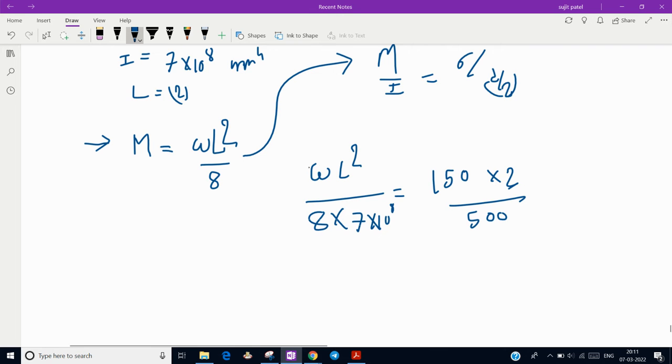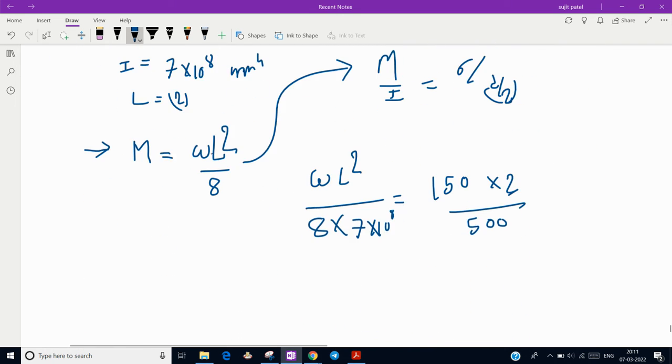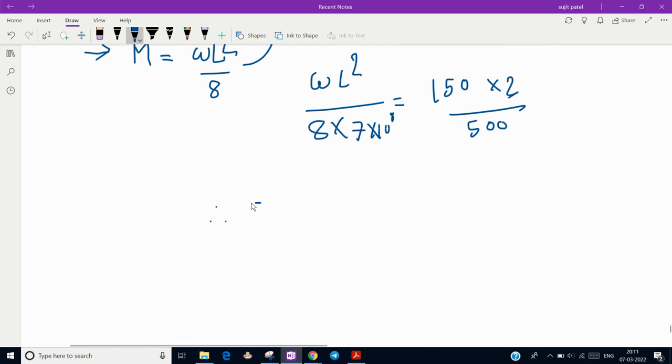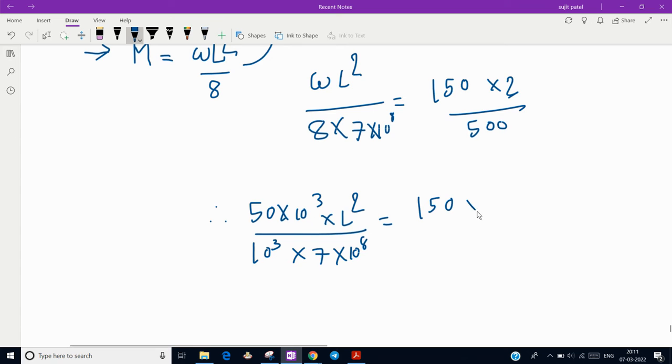And w we have to take as 50 kilonewton per meter, but to maintain consistency of units we have to convert 50 kilonewton into newton, and per meter into 10 to the power 3, because all the units that we have taken, the stress, the depth and the moment of inertia, are in mm. So to maintain the consistency of units we are doing this, and now the 10 to the power 3 gets cancelled out.